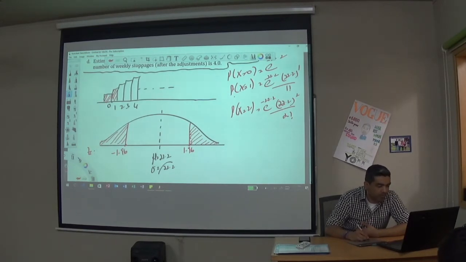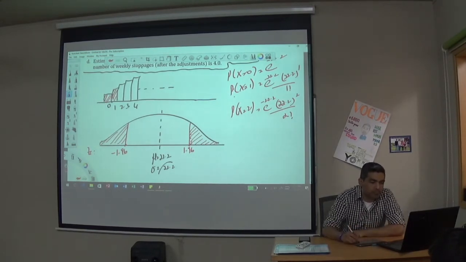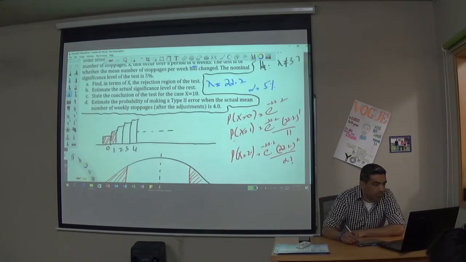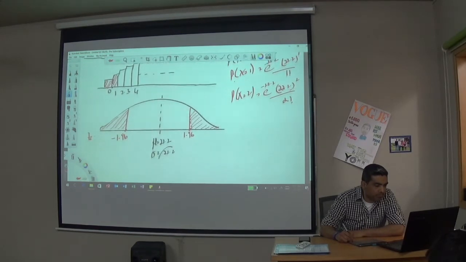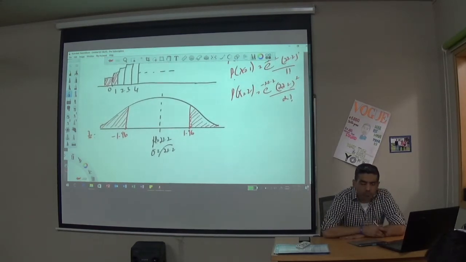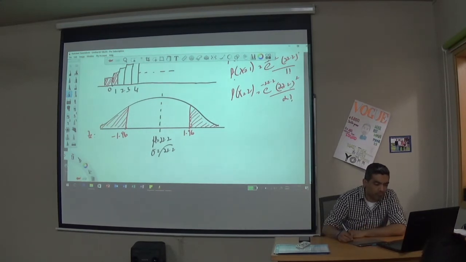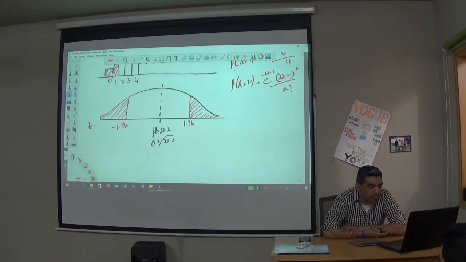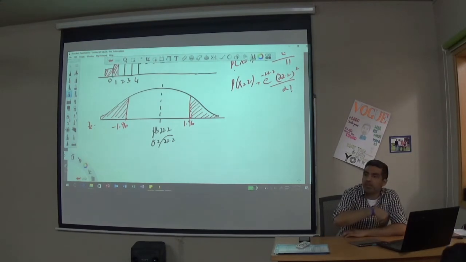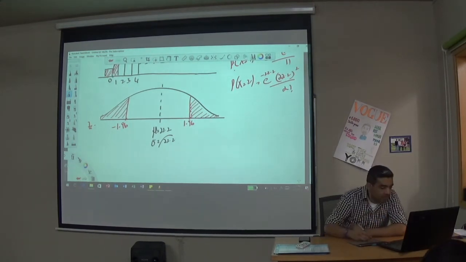Yes. Okay, we need to convert the Z critical to the X critical because we need to give the rejection region.